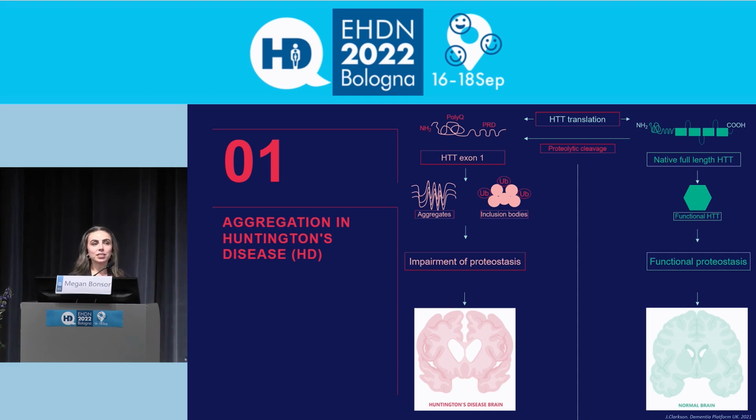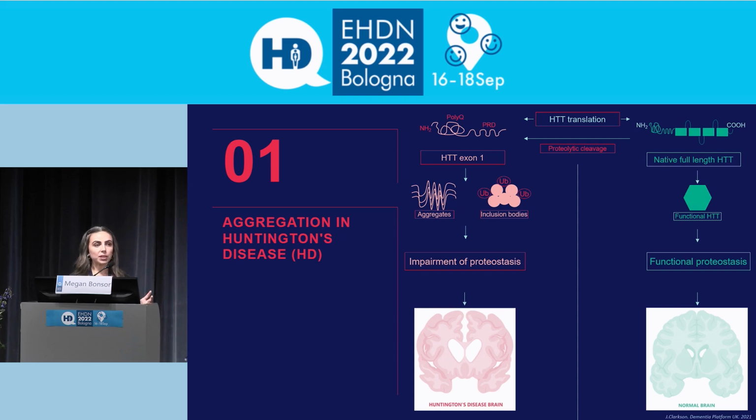And it's hypothesized that possibly these aggregates and inclusion bodies play a role in impairing the proteostasis network of the cell. And in turn, maybe it's this impairment of proteostasis that could be contributing to this vast neurodegeneration that we see in Huntington's disease brains.